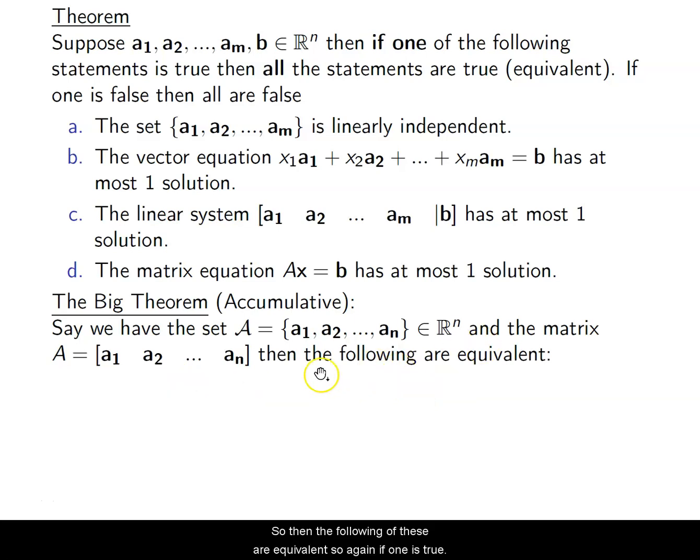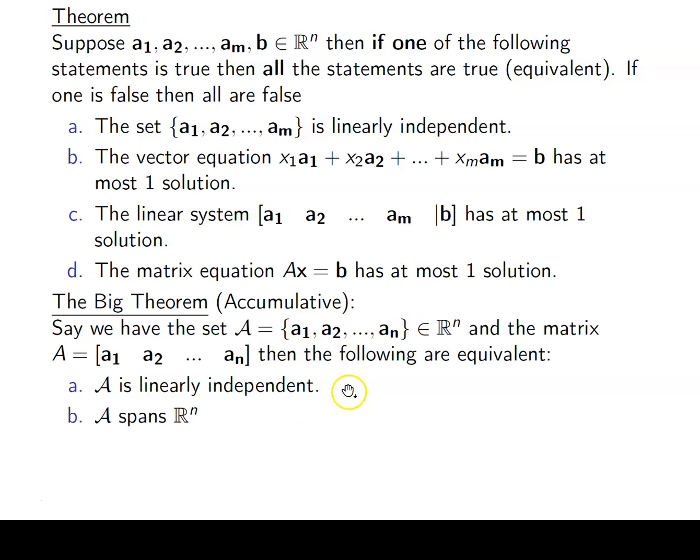So the following are equivalent. Again, if one is true, all are true. If one is false, then all of them are false, or we can say that we can't say anything about the others. Okay. So if A is linearly independent, so if all of these vectors are linearly independent of each other, then A will also span Rn, and that's because there are n vectors in n space.